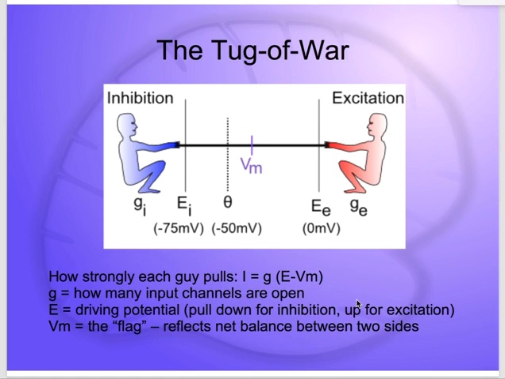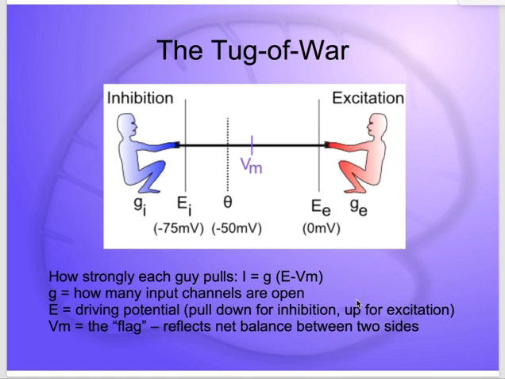Now, one of the things that's important is that the strength with which the excitatory and inhibitory guy can pull is a function of the difference between V sub M and the driving potential.